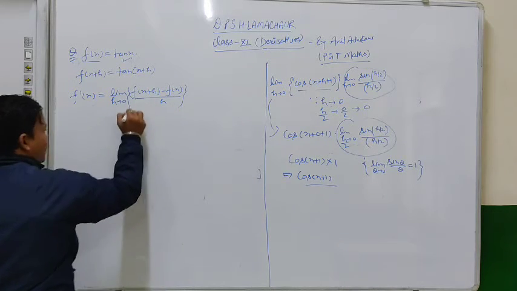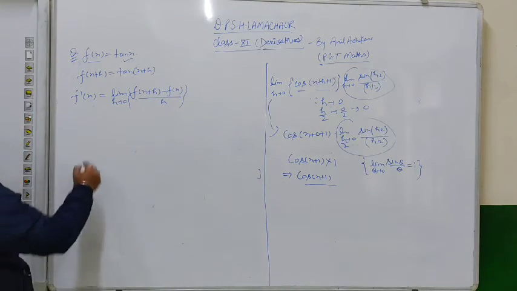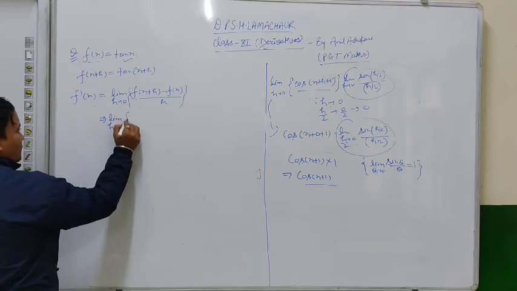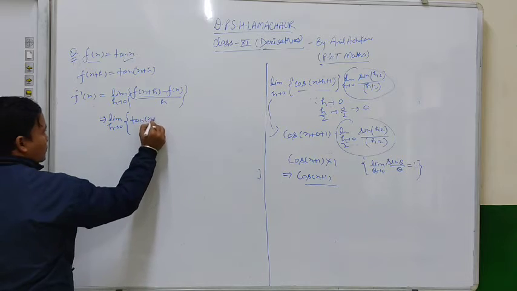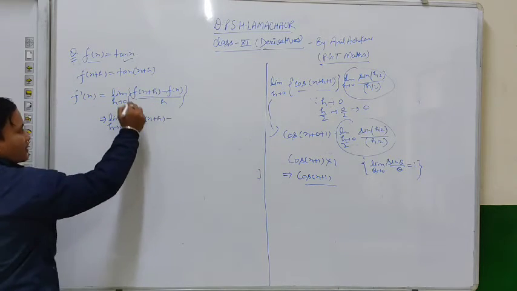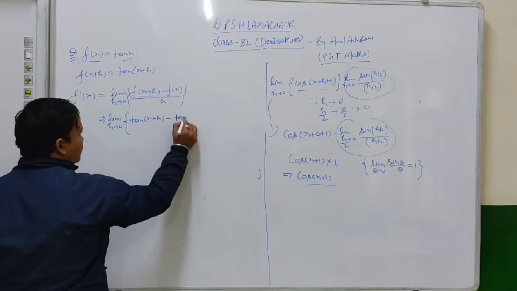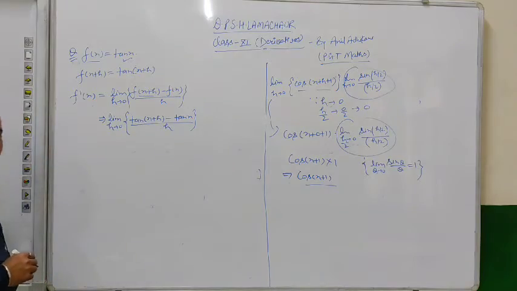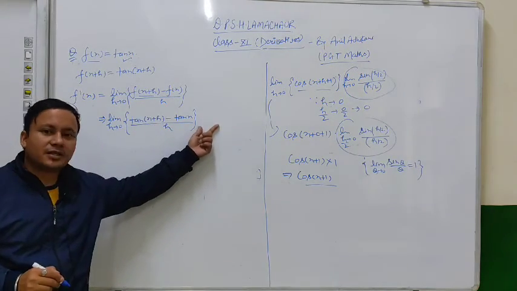Okay, now substitute the value of f of x plus h and f of x here, so we get limit h tends to 0, f of x plus h is tan(x plus h), minus f of x, the value of f of x is the function which is given as tan x, divided by h. Okay, now see, if we use the direct method here, then this function will turn into indeterminate form.